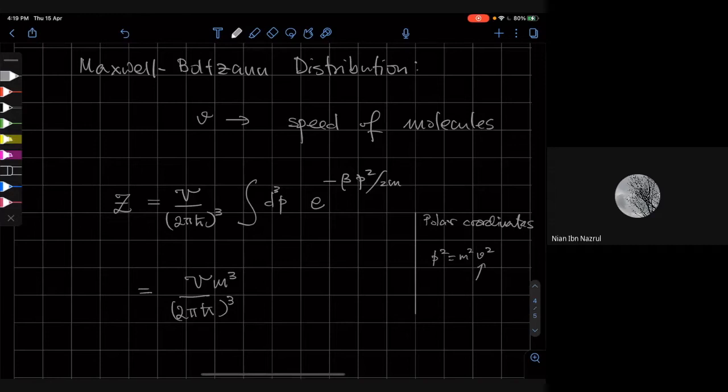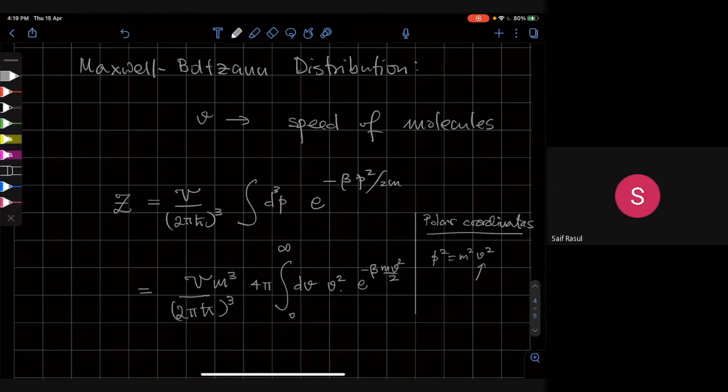So of course, this just depends on the magnitude of the speed. Therefore we can do the angular integration in polar coordinates, and that just gives me a factor of 4 pi. What I'll have left is an integral from 0 to infinity dv, where v is the speed, a positive quantity, times v squared, which comes from the measure, and then e to the power minus beta m v squared by 2. Okay, is everything clear with this step?